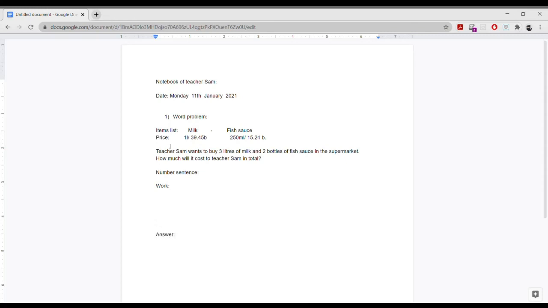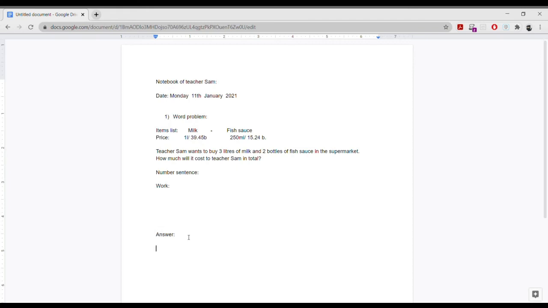Number sentence, what does it mean? ประโยคสัญลักษณ์. Work แสดงวิธีทำ. And finally answer คำตอบ. This is a homework for you. When you come back to the school, you have to show me. This is the daily worksheet for you.